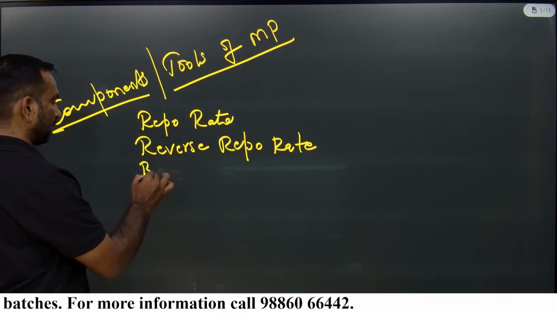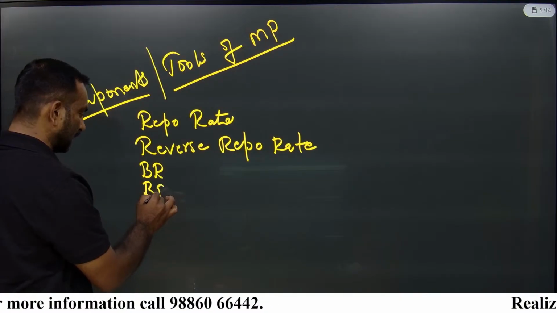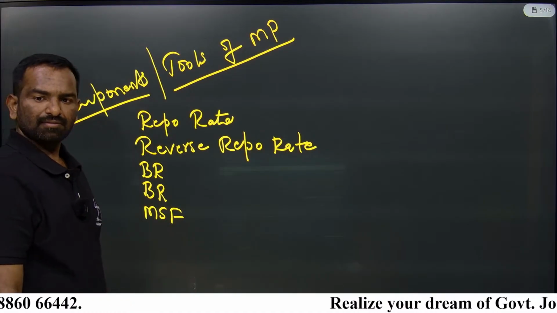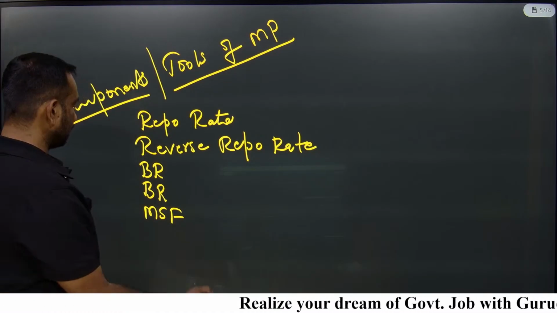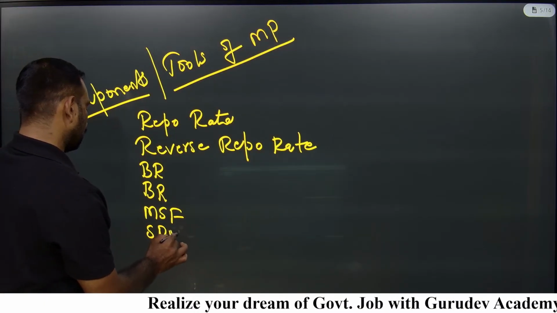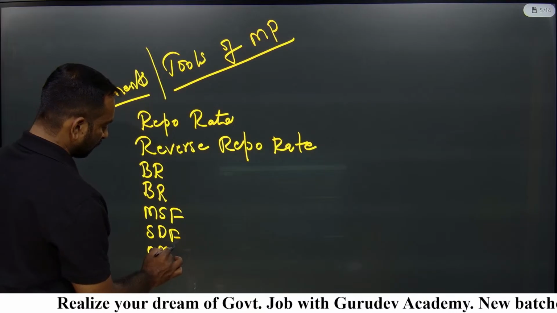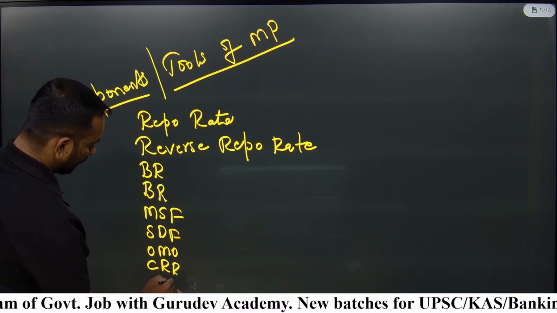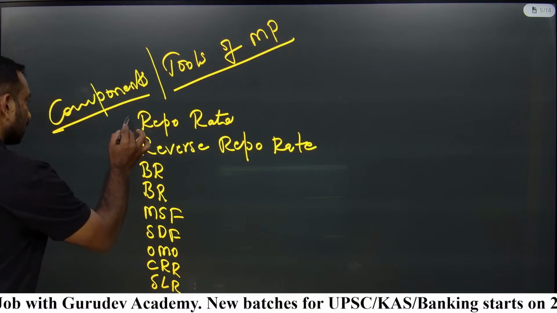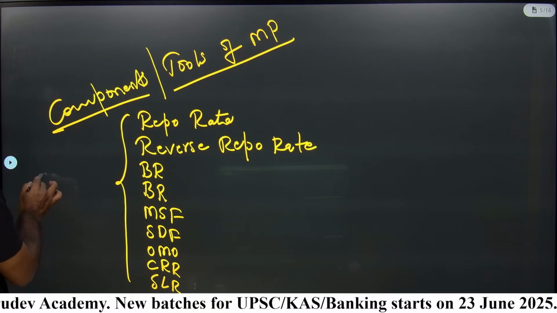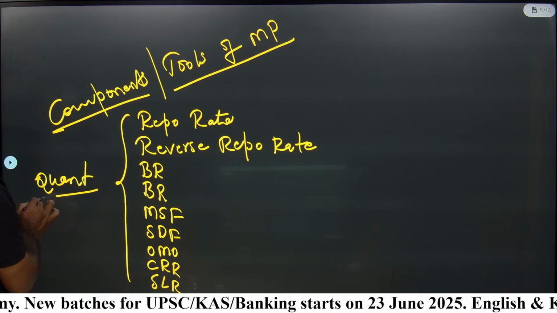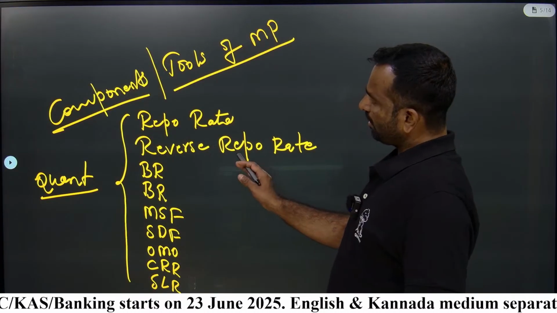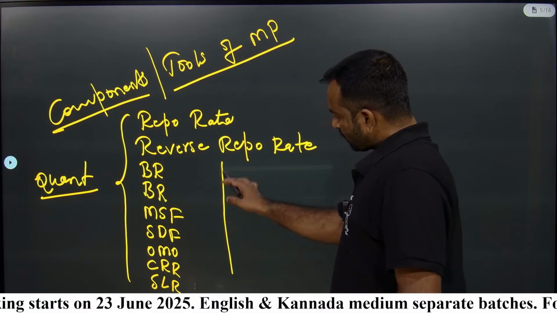Next, bank rate, then base rate, then marginal standing facility, and SDF, OMO, then CRR and SLR, etc. These are the quantitative tools of the monetary policy, the quantitative tools of the RBI.